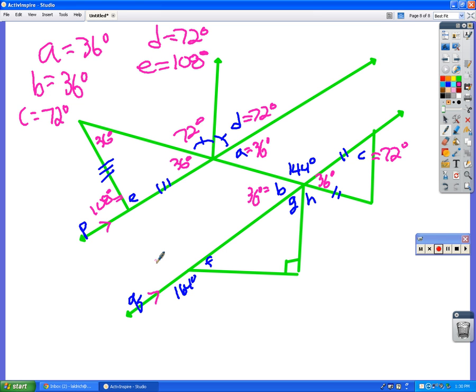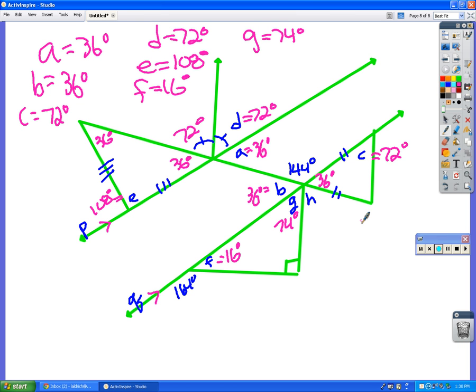What about F? 16. Not 16, it should be 16, because 164 plus 16 makes 180. No, you said 16, which is wrong. So F is 16. What does G equal? 74. 74, because 74 and 16 have to add up to 90 for this to be 180 degrees.